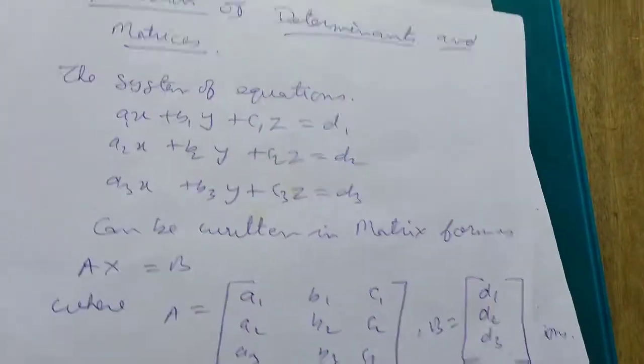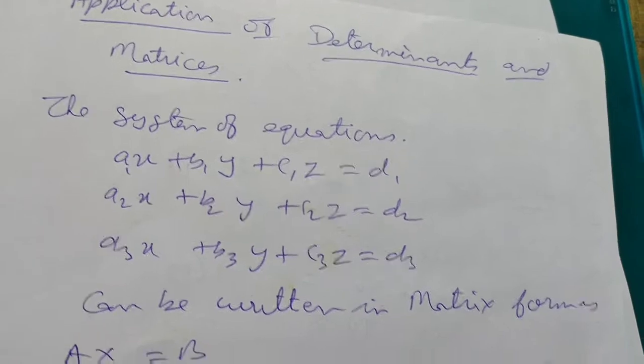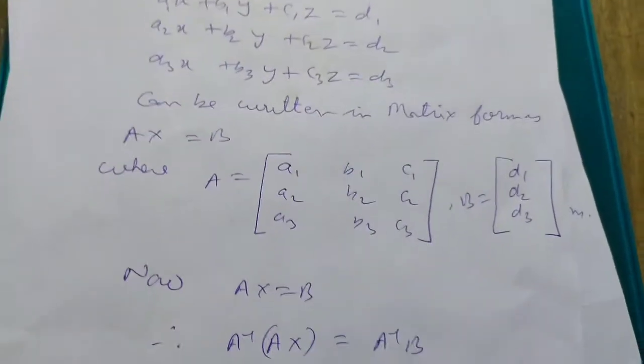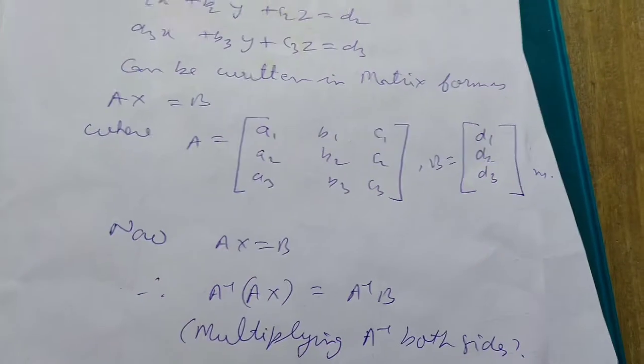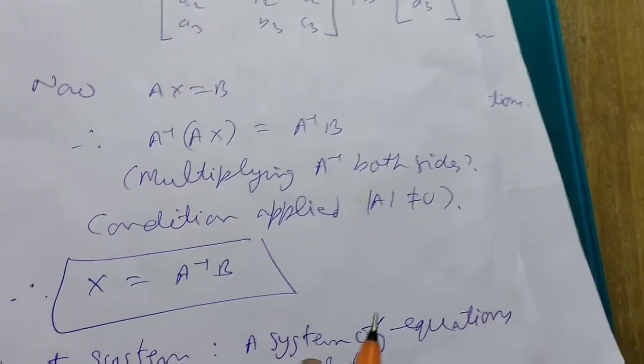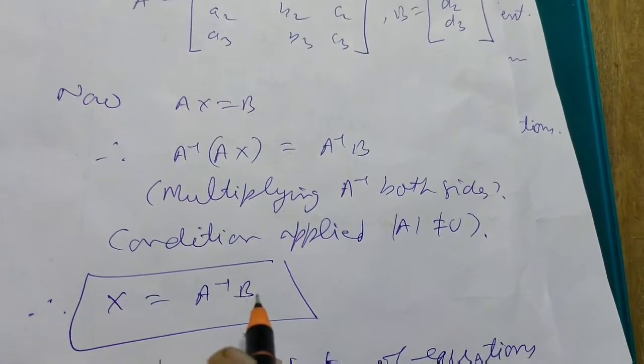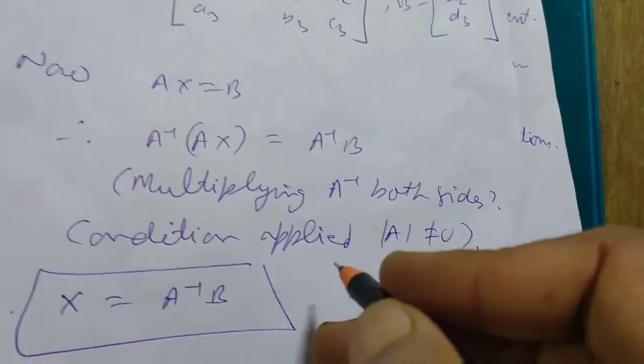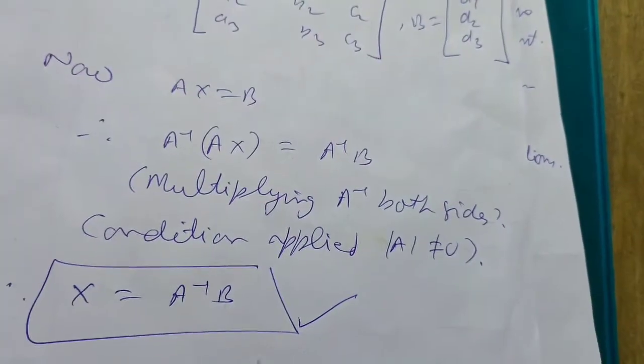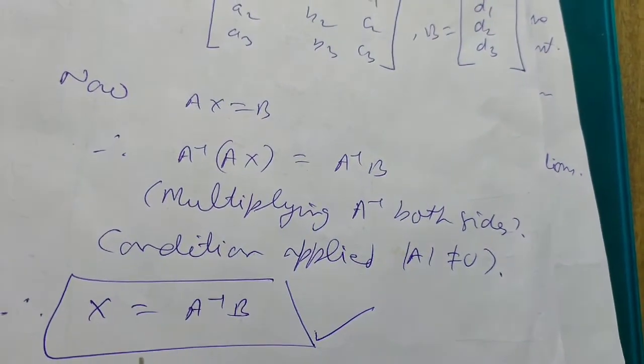So again, first of all you have to write the system of equations as AX equal to B, then apply this very important theorem, X equal to A inverse B. This formula will help you in getting the solution of a system of equations.